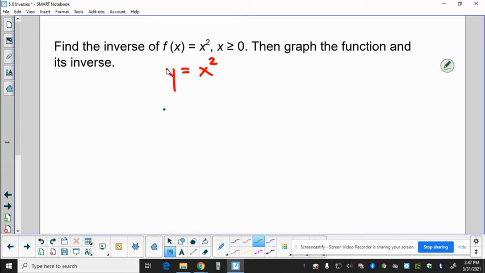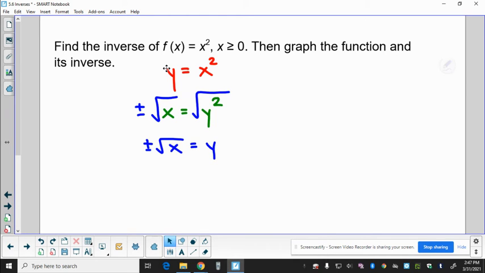Step number 2, let's exchange the variables. Step number 3, let's solve it. Well, I got to get rid of that exponent of 2. Don't forget, when you're solving with square roots, you do get a plus or minus, don't you? Finally, let's put this into function notation.